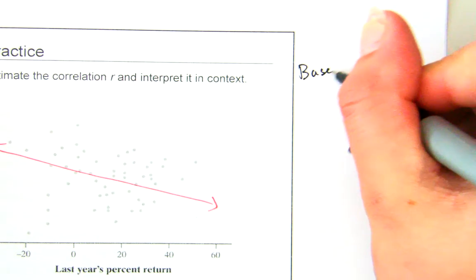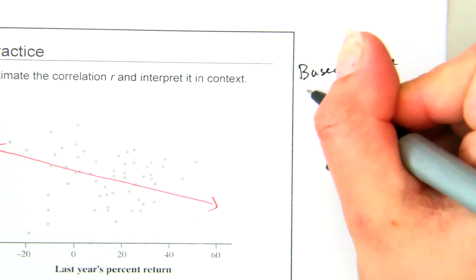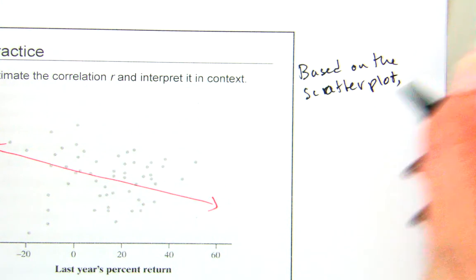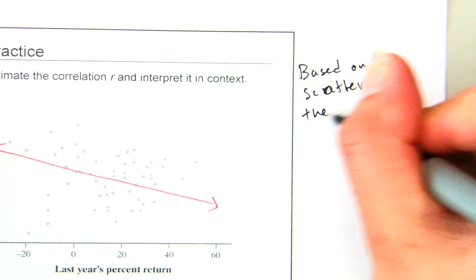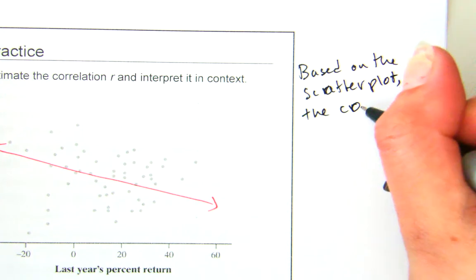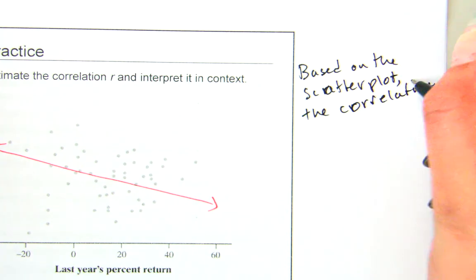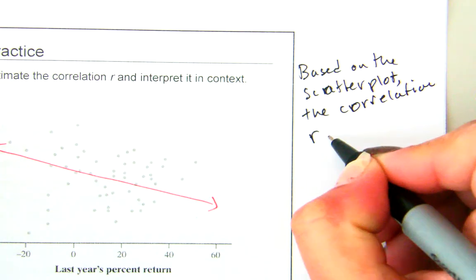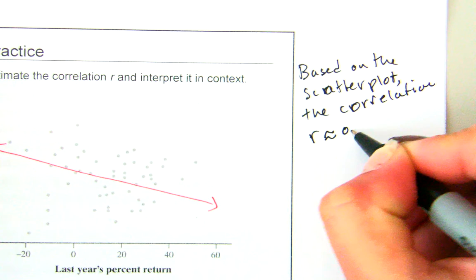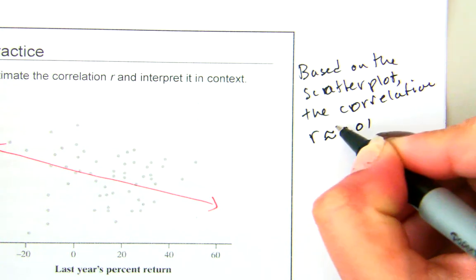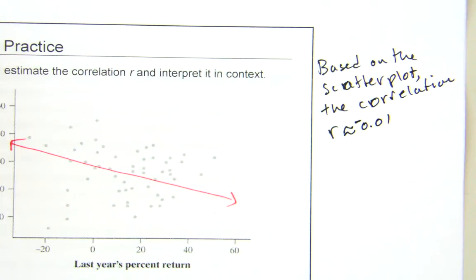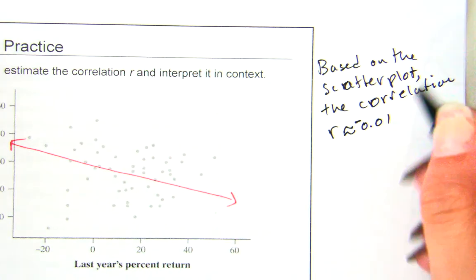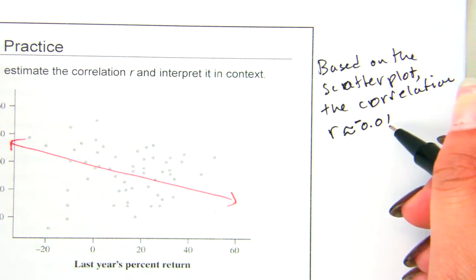Based on the scatter plot, the correlation, I can't spell correlation to save my life, correlation R could be approximately close to 0.01, negative 0.01. I don't know. That's my interpretation. So we have a little bit of a negative thing going on. It's very close to 0, right? I don't want to go too far up.